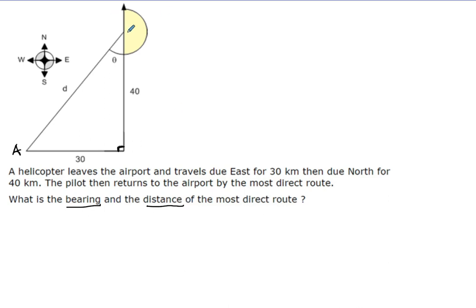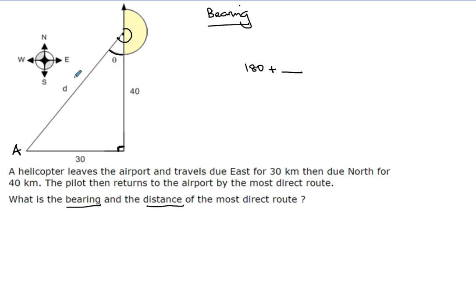So the bearing would be from there. It's from your north clockwise to the line. So when it comes to bearing, we know it's going to be 180 plus that angle. So in order to find that angle theta, we label our triangle.